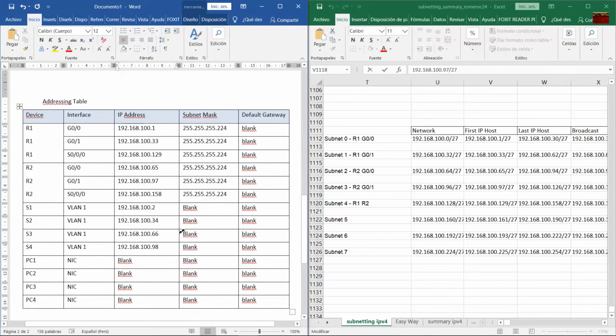Same subnet mask for all switches. And to configure the default gateway, it is the first IP address on each subnet: .1, .33, .65, .97.